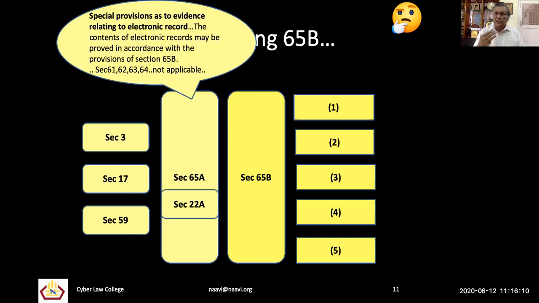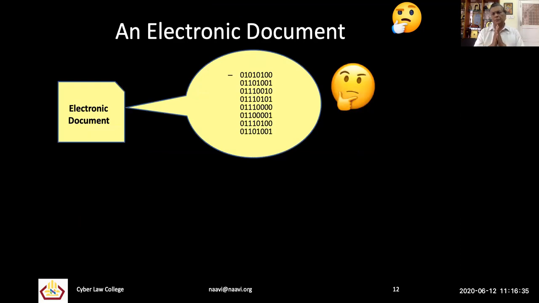So out of the three types of statements, oral, documentary and electronic documents, oral has been eliminated, documentary has already been considered under section 61, 62, 63, 64, and it is not applicable to the electronic documents as per section 65A. Therefore, now we move on to section 65B.